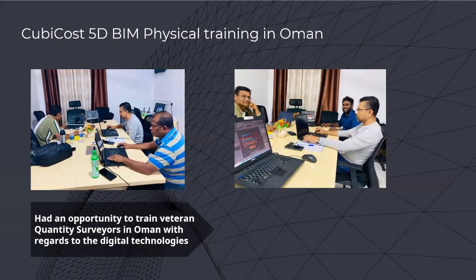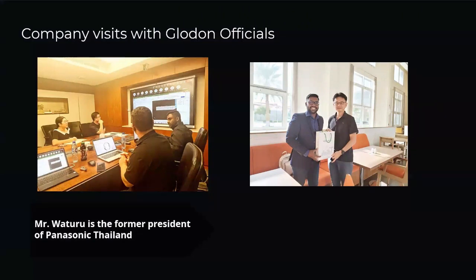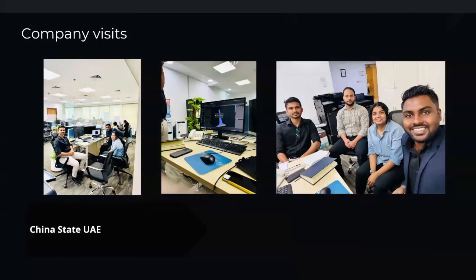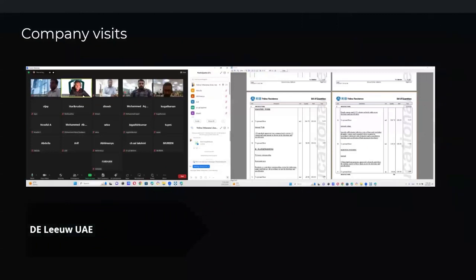These are a few physical trainings I have done in Oman. This is a company visit with Cloden officials. This is China State, and this is another company visit, China State UAE, and this is Delive UAE.